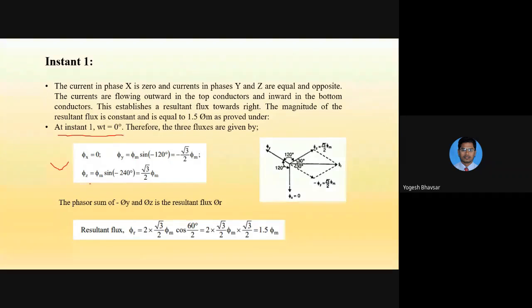So we need to calculate the resultant flux now. So we need to calculate the resultant flux, right?